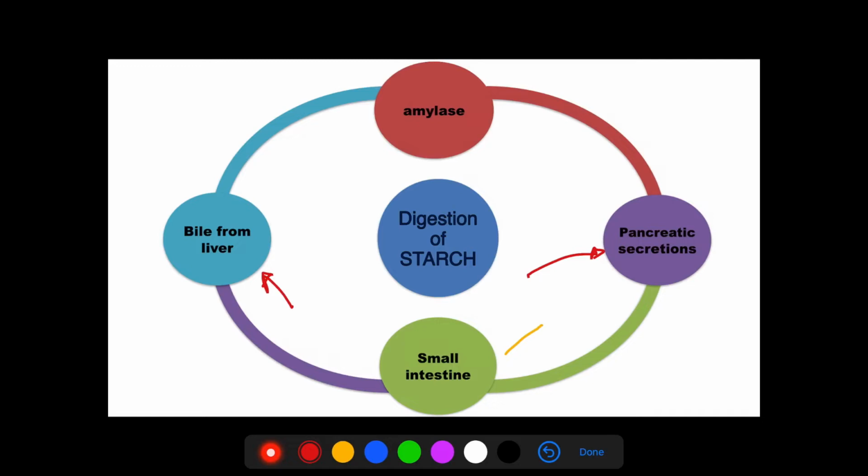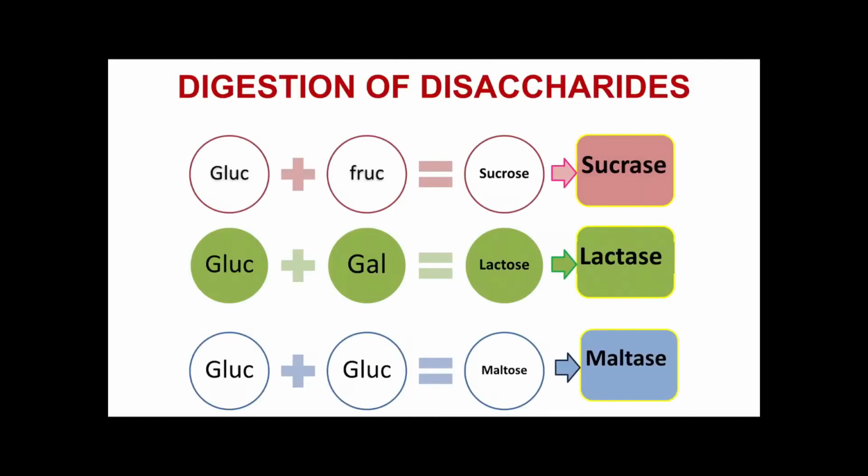That is what happens when starch reaches our digestive system. Remember that we take in our food as a polysaccharide, usually in the form of starch. Upon reaching our intestinal tract, these polysaccharides are broken down into disaccharides, then into monosaccharides, simple sugars such as glucose.